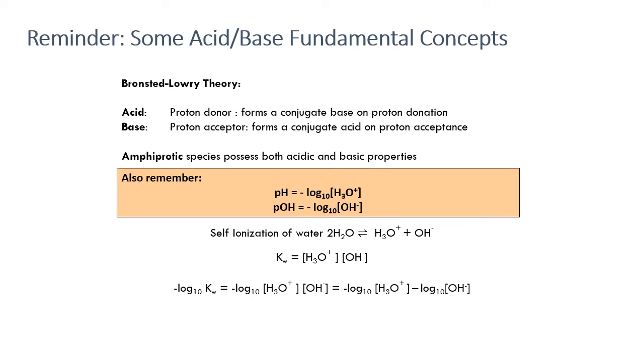If we take the minus log of each side, what we get is the pKw being equal to pH plus pOH. And because Kw is equal to 1 times 10 to the minus 14, we see that pH plus pOH equals 14. So this is something that everybody would already be familiar with.